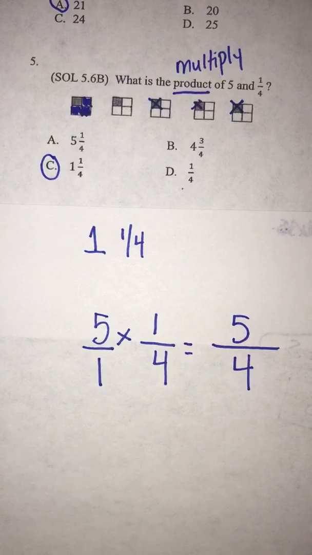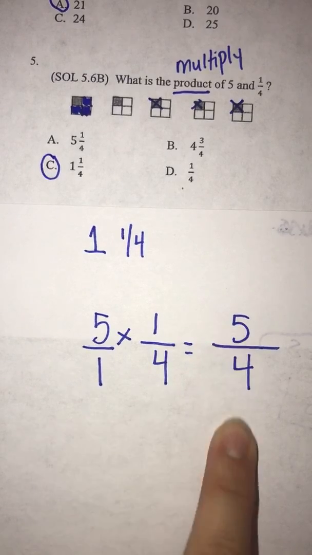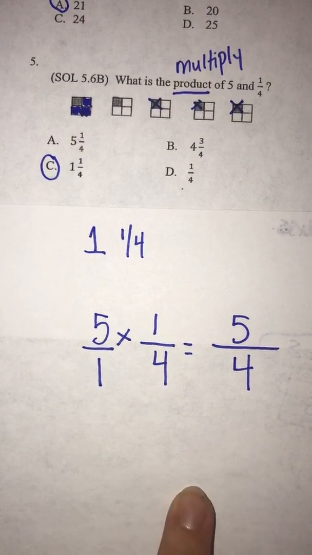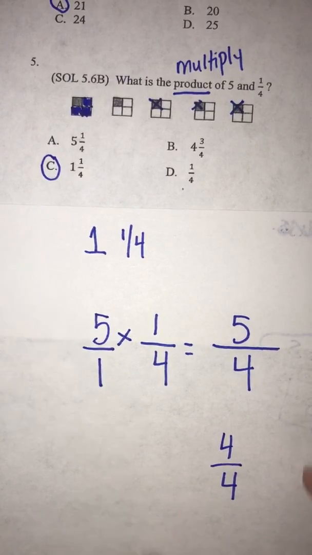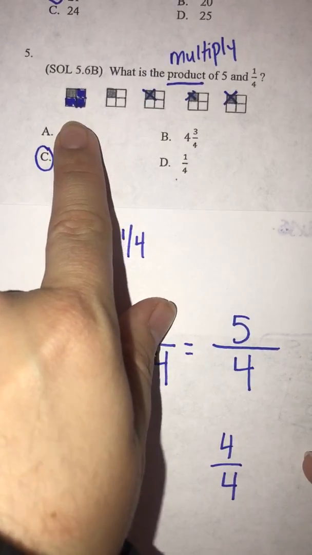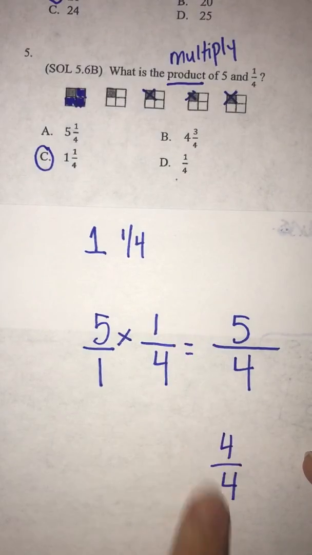Now, you may be visualizing an improper fraction right here because the numerator is greater than the denominator. So the way I think of it is, if 4/4 is 1 whole, here's our whole, how much more is 5/4 than 4/4?